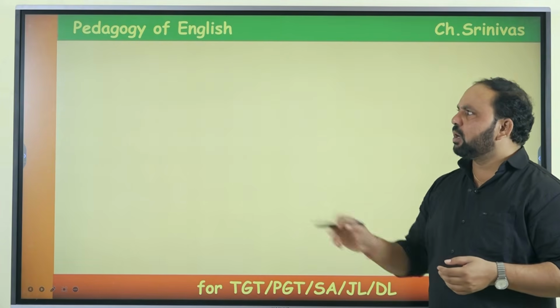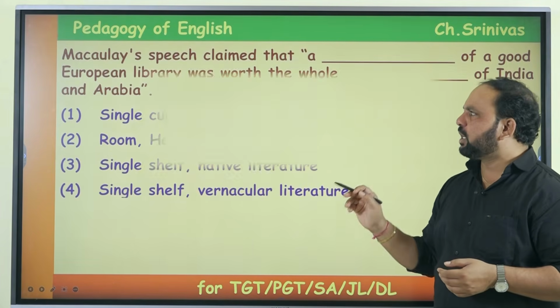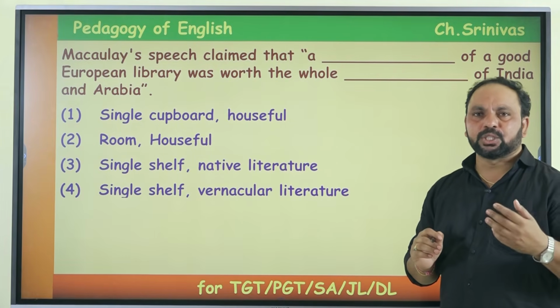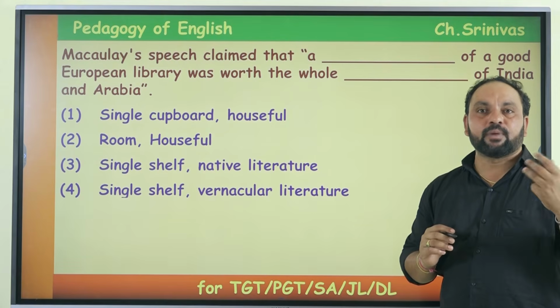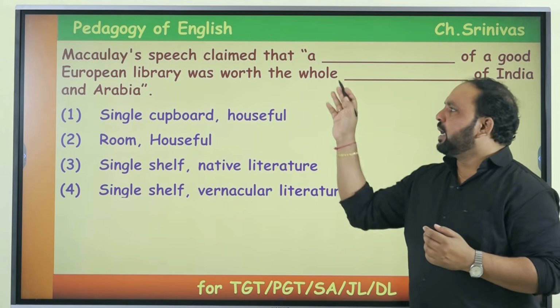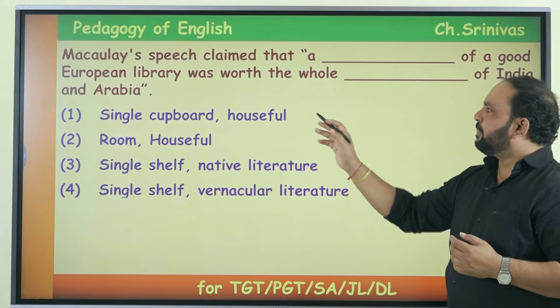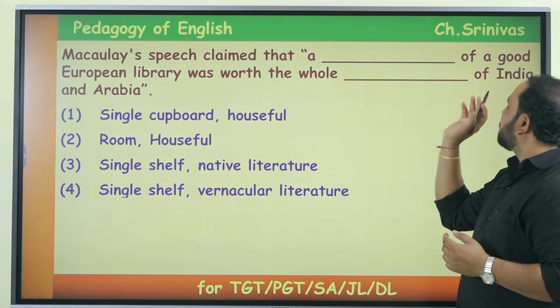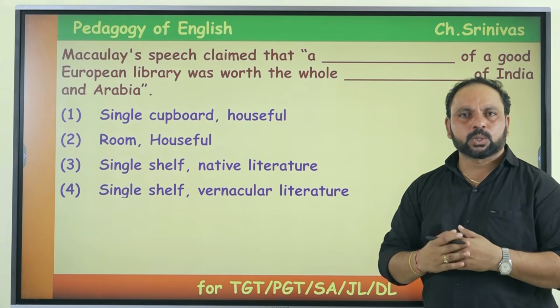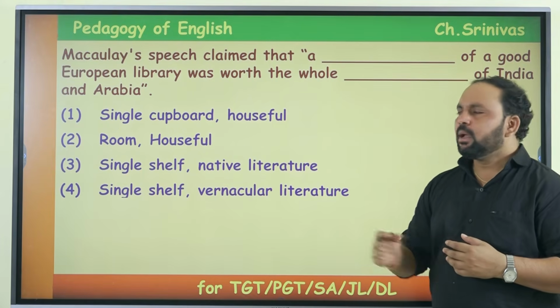Let us look at one more previous question. Let us look at another question here. Macaulay's speech claimed that. What did Macaulay's speech say? Macaulay was really an eloquent speaker. So that eloquent speaker Macaulay once said, a dash of European library was worth the whole dash of India and Arabia. We have already come across this quote when we discussed the class so far.